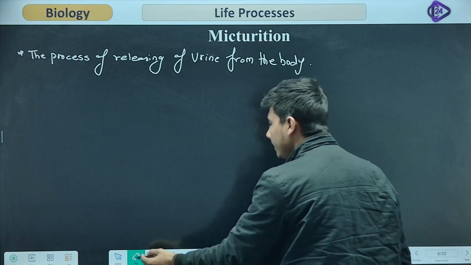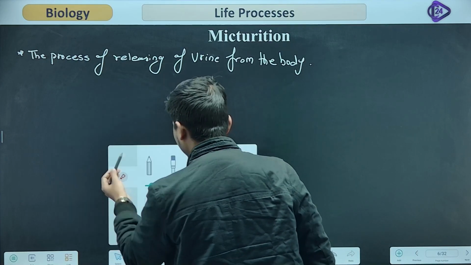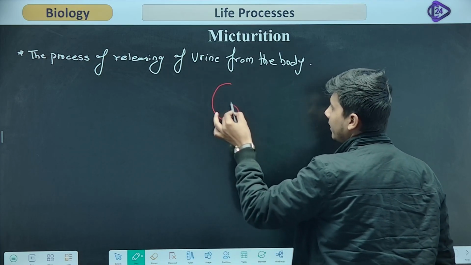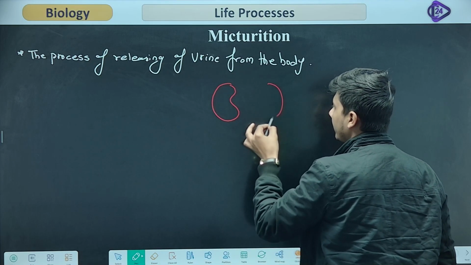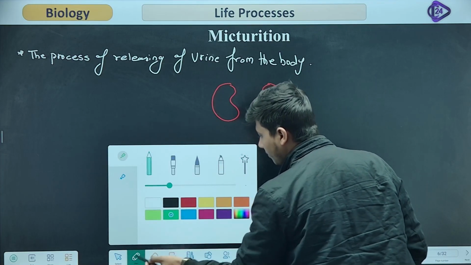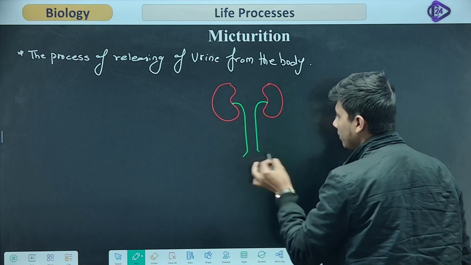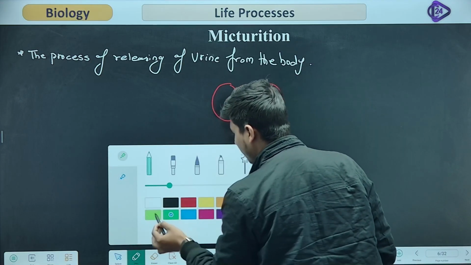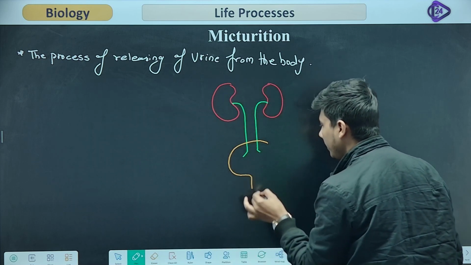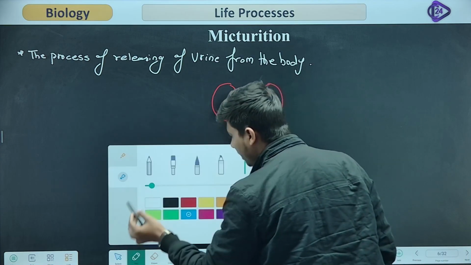Now let us understand the concept of micturition, how this will occur. Let's draw again the diagram of the human excretory system. These are our kidneys. Urine gets formed in the kidneys, comes via the ureter into the urinary bladder. Urine gets stored in the urinary bladder and then moves out from the body via the urethra.